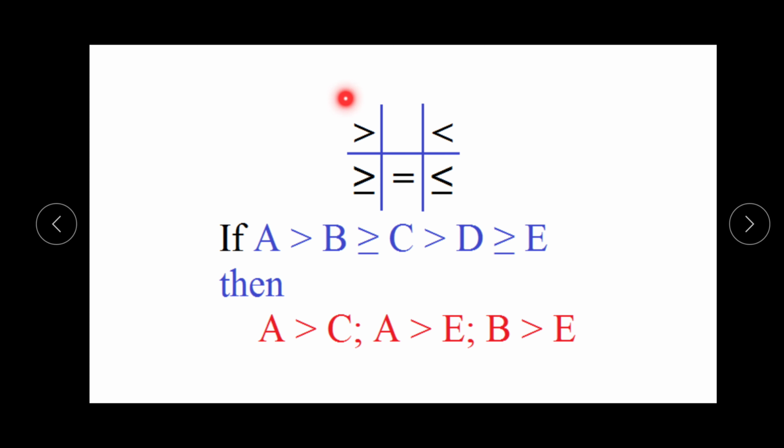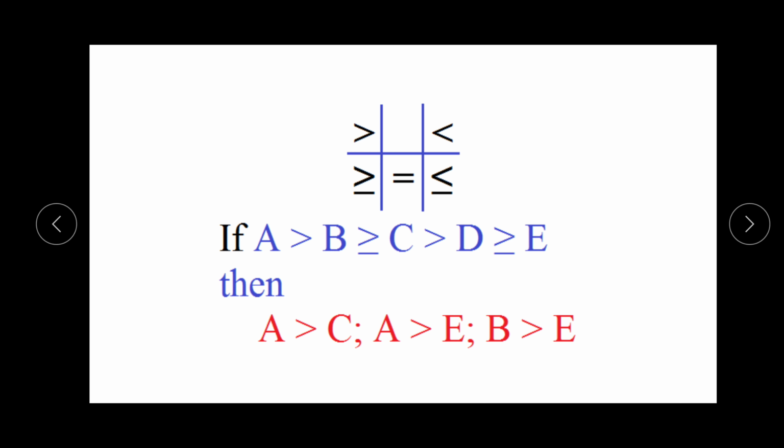If two inequalities, one from the upper half and one from the lower half, are used between the variables, what will happen? Here the statement is given that A is greater than B, B is greater than or equal to C, C is greater than D, and D is greater than or equal to E. It means two types of inequalities are given, but both are from the same type, the greater family. One is the greater than inequality and the other is the greater than or equal to inequality.